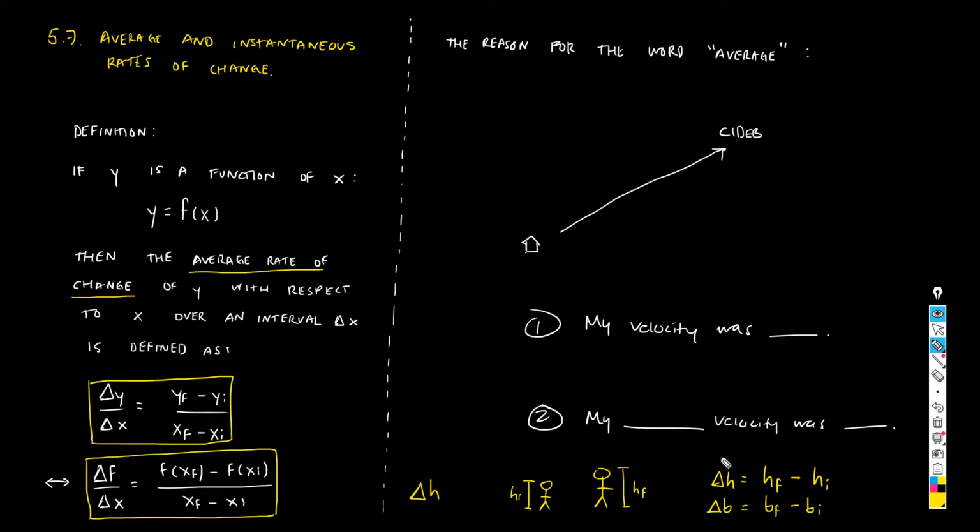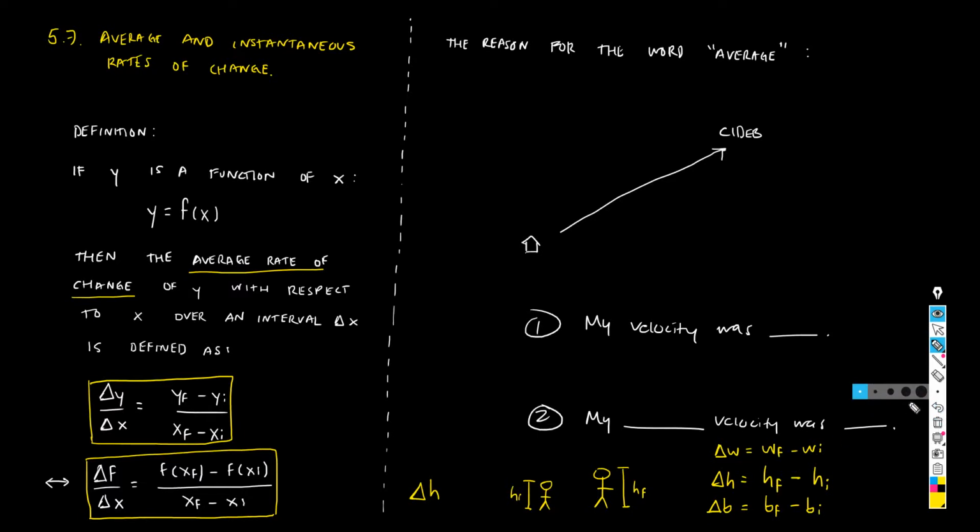If you want to talk about losing or gaining weight, you can talk about your change in weight, which is your final weight minus your initial weight. These changes can be either positive or negative depending on the values of the final and the initial values.